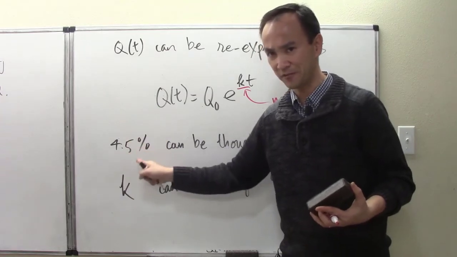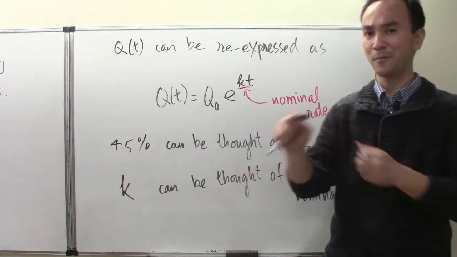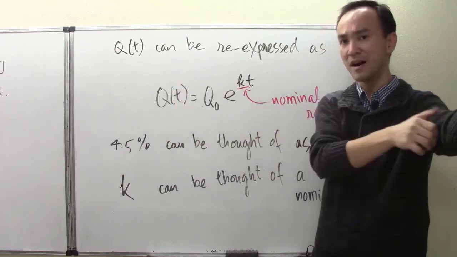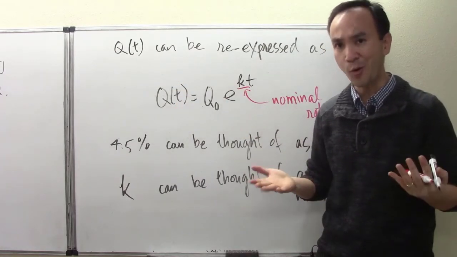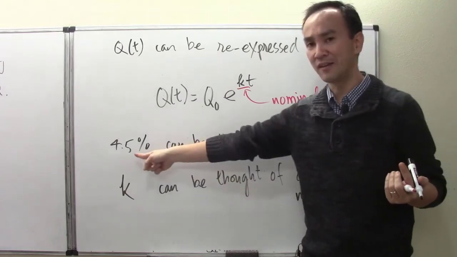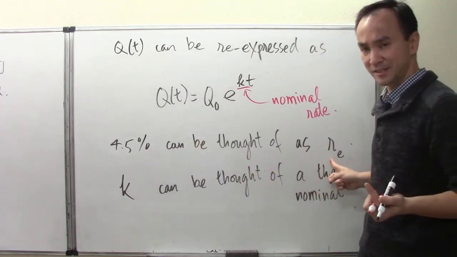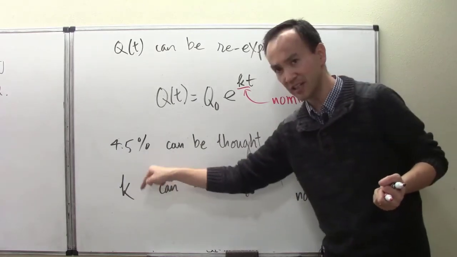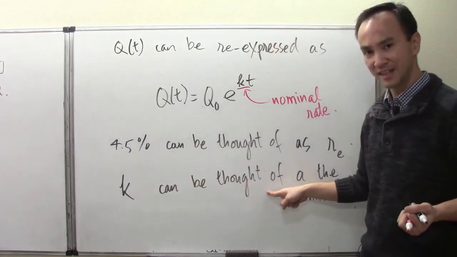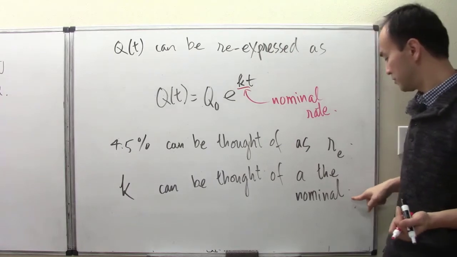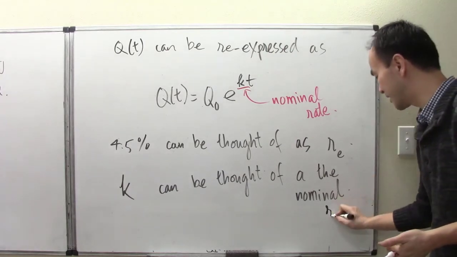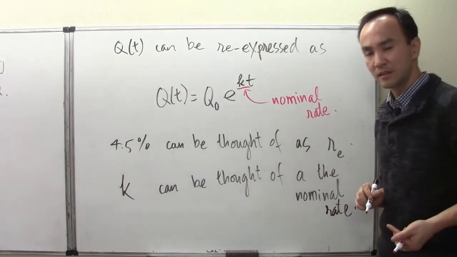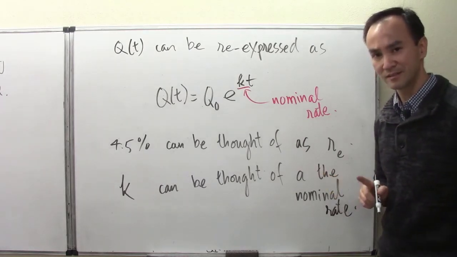If this population was a money quantity, then 4.5% is the effective rate, whereas this k at this moment can be thought of as the nominal rate.